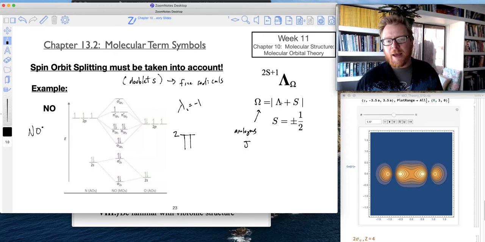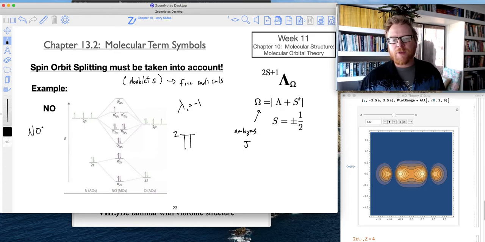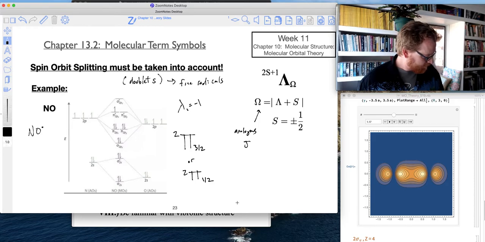And so here, if lambda is equal to 1, remember, we only want the positive value, then omega for NO is going to be 3/2 or 1/2, the doublet pi 1/2 or doublet pi 3/2.